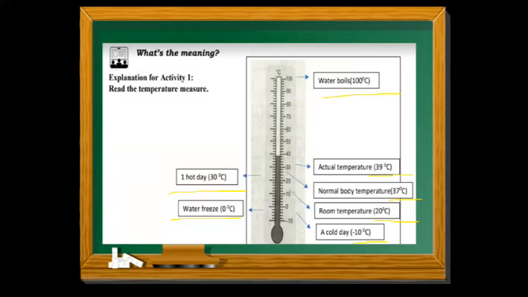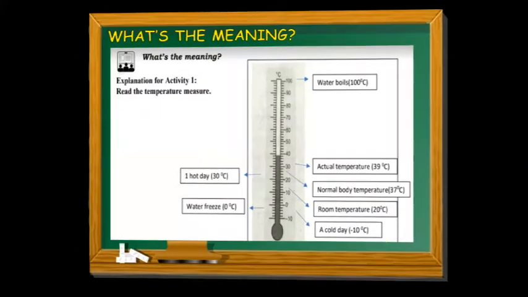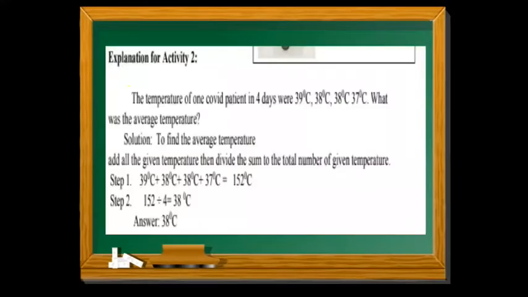So let's have activity number 2. The temperatures of one COVID patient in 4 days were 39 degrees Celsius, 38, 38, 37. What was the average temperature? To find the average, paano nga ba natin nahanap ang average ng isang number?